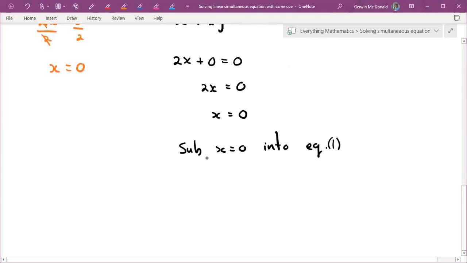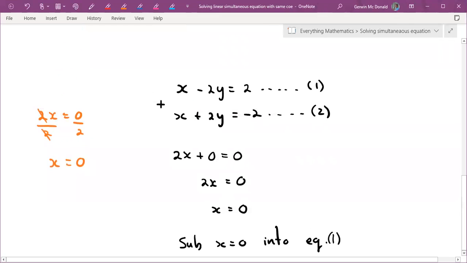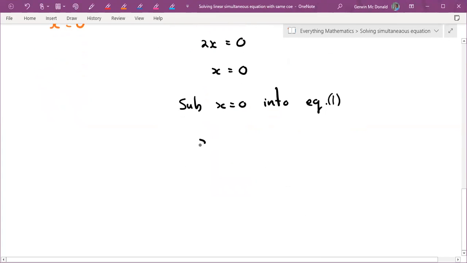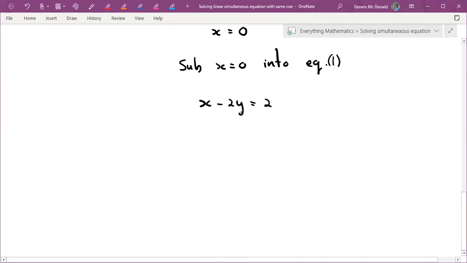So when x is equal to 0, and if I use equation 1, it is x minus 2y equal to 2. Let me go back to check. Yes, equal to 2. So x minus 2y is equal to 2. And remember, I know that x is 0.